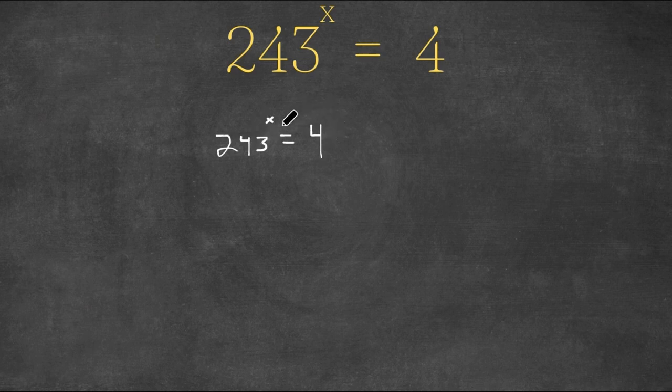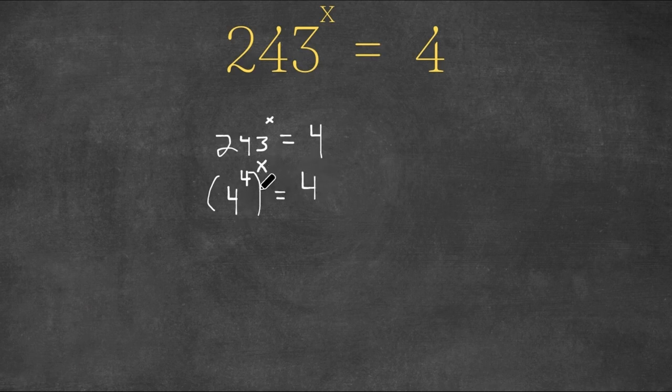To make 243 and 4 the same, we can change 243 to 4 to the power of 4. So we just changed our base from 243 to 4. And now that our base is the same as this one, this is actually 4 to the power of 4 to the power of x, and this is equal to 4.